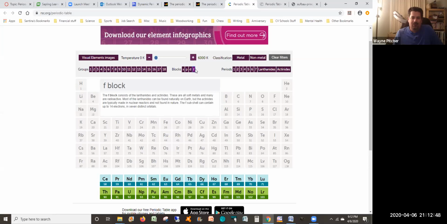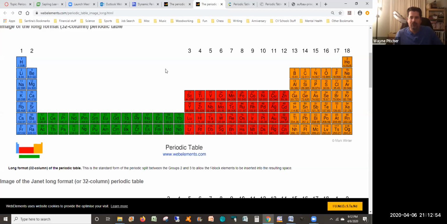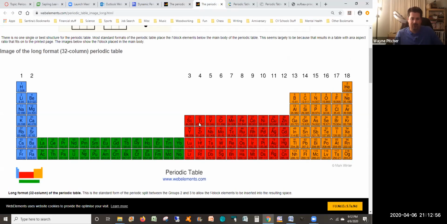Well, because this is what would happen if you put it where it was supposed to go. You get a really long periodic table, which is fine if you have a bookmark, but if you're trying to put it on a piece of paper, the inside cover of a textbook, something like that, it's a lot easier to take the F block and stick it underneath. But it really goes in between the S and the D block.